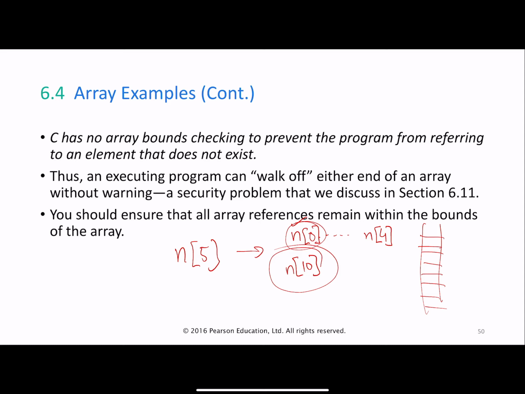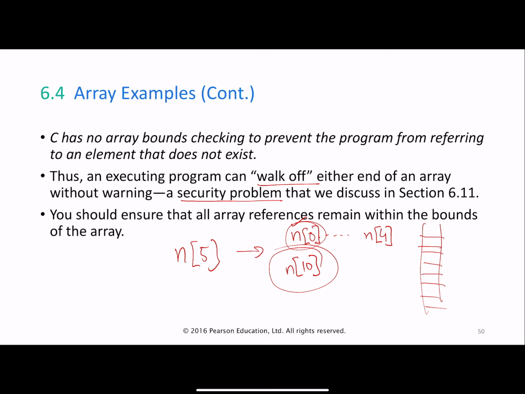Such a situation is called your program walking off beyond the end of the array. This is a problem because this way a program could be reading data values that do not belong to it, that belong to some other program. And this is, of course, a security problem.